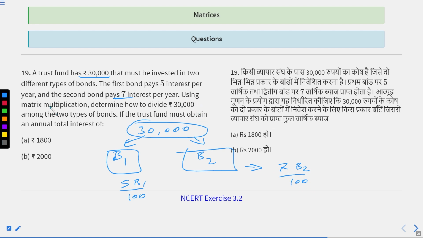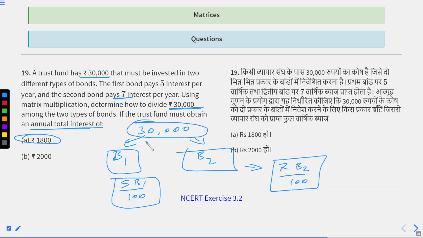Now we have to use matrix multiplication and determine how to divide this 30,000, if the trust must obtain annual total interest of 1,800. Whatever money we have put into each bond for 1 year, we will get this much interest.